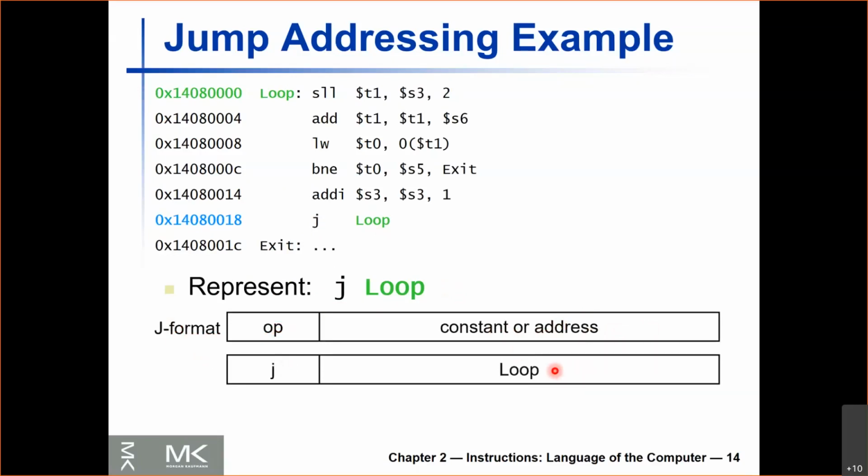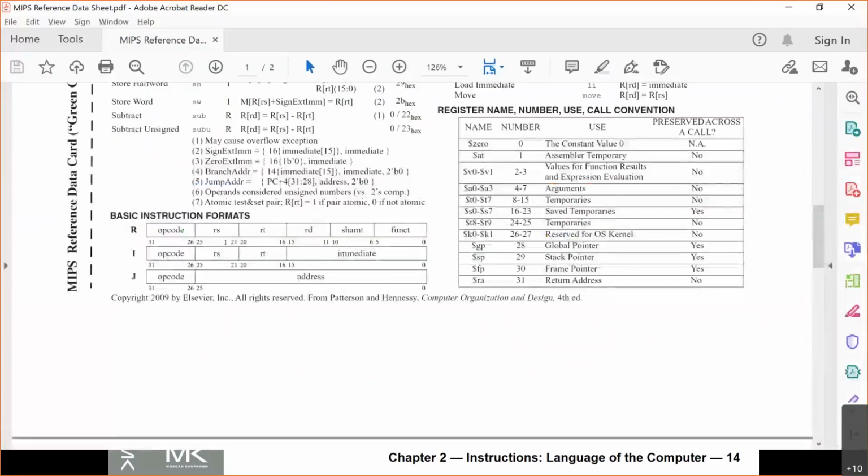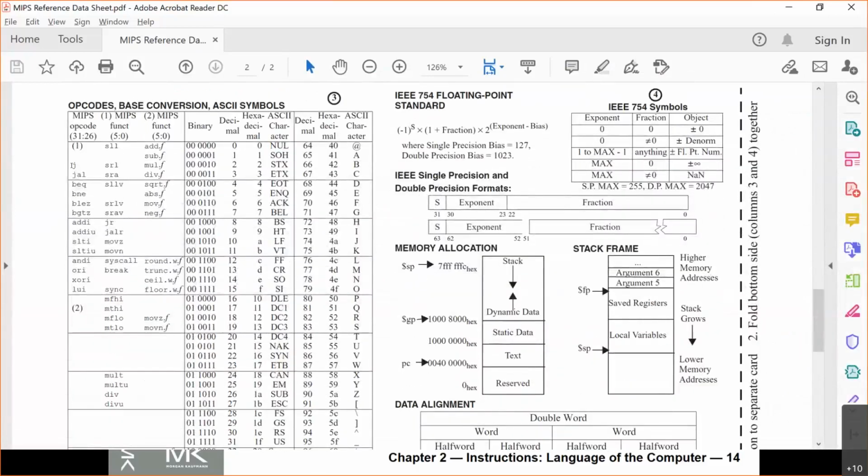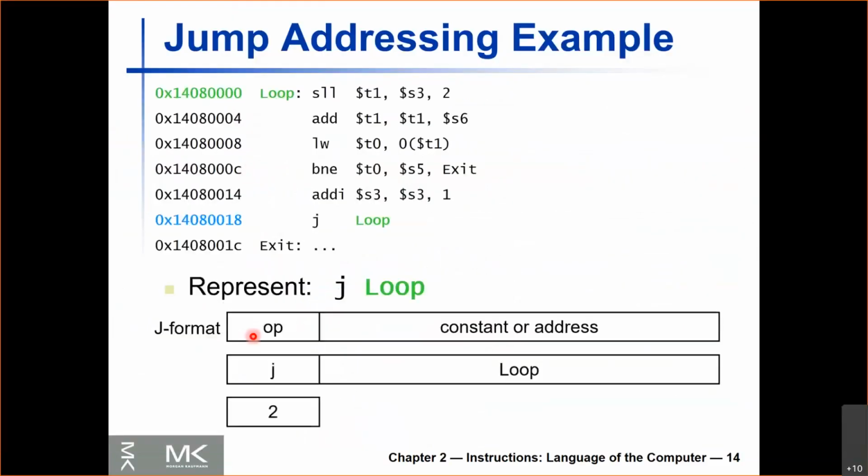Now let's get the corresponding numbers. So what is J? I go to my table and I look up J. Here, this is the table, and J in the table corresponds to the decimal value 2. So the opcode for J is going to be 2. And then the loop label, we said we're going to use pseudo-direct jump addressing to represent it. What does that mean?